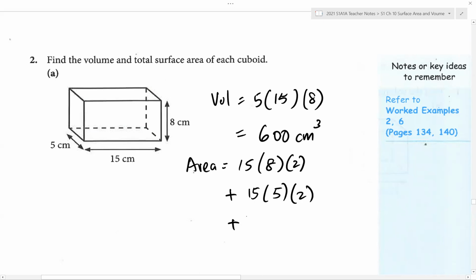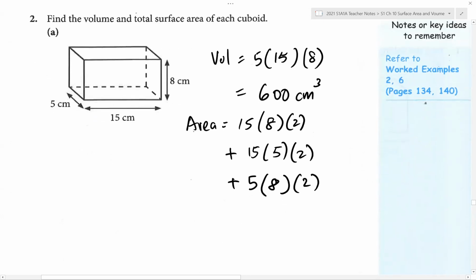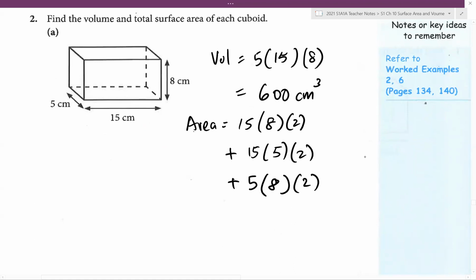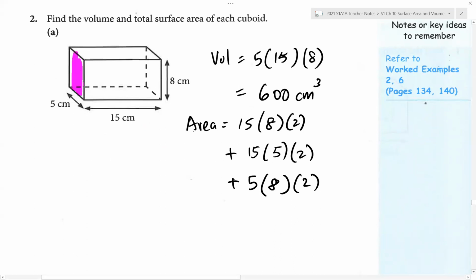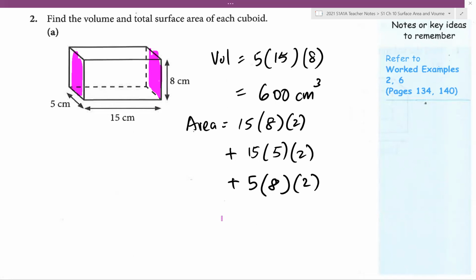Plus another 5 times 8 times 2, 2 sides, here and here. Plus 75. So we get 470.